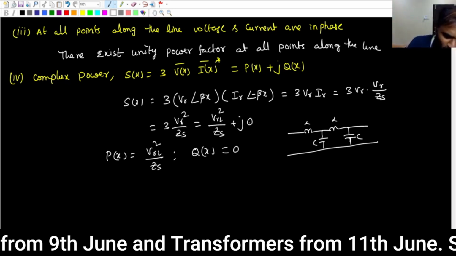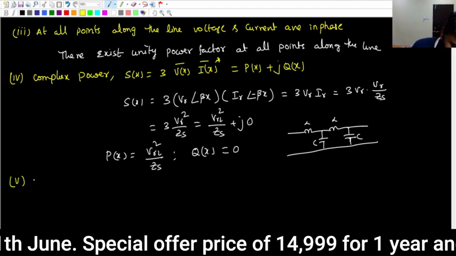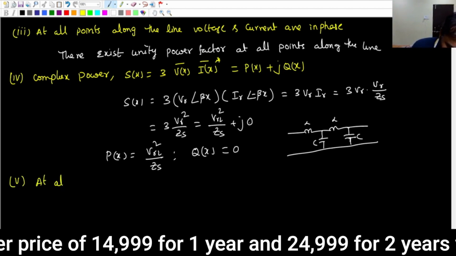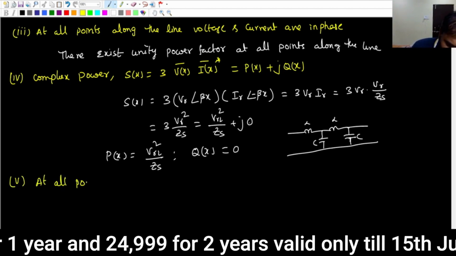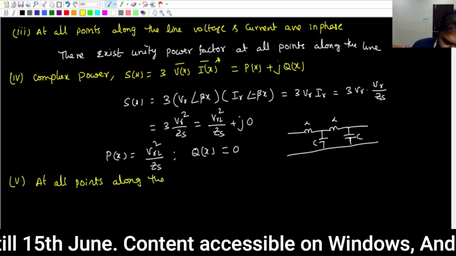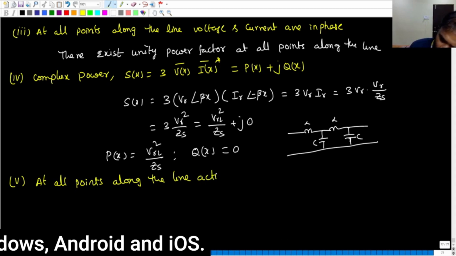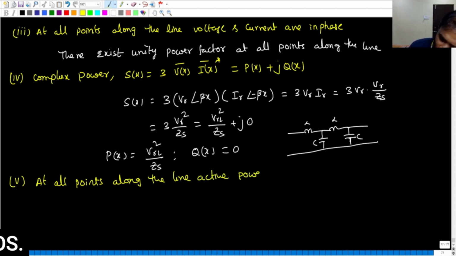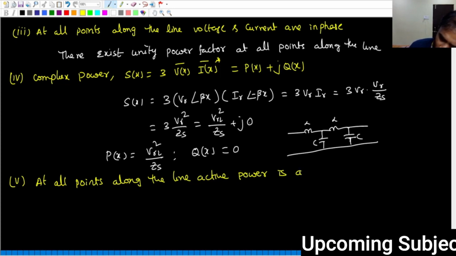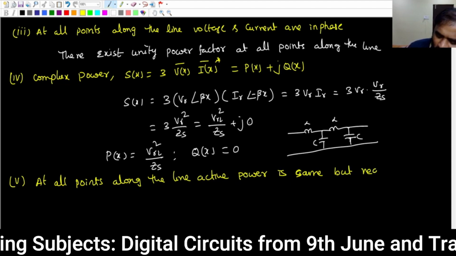But before that, what can I write? At all points along the line, the active power remains the same. Correct or not? At all points along the line, active power is the same, but reactive power is 0.